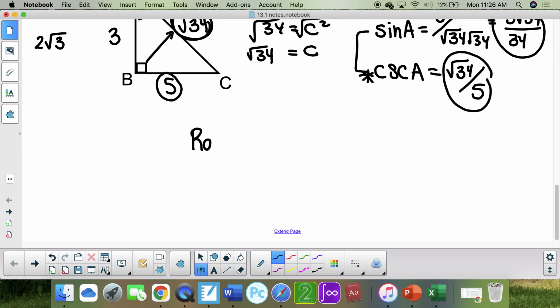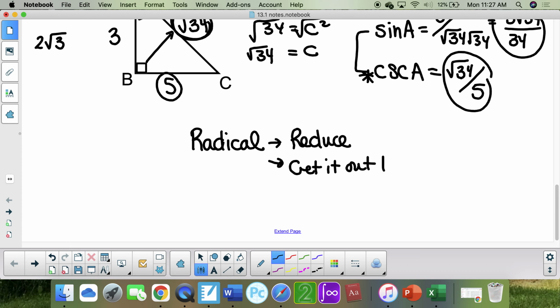When you're working on this worksheet, you have to reduce it. You have to take pairs out. And another thing you have to do is get it out of the denominator by multiplying the top and the bottom by the radical. So that's 2 things if it turns out to be a radical.